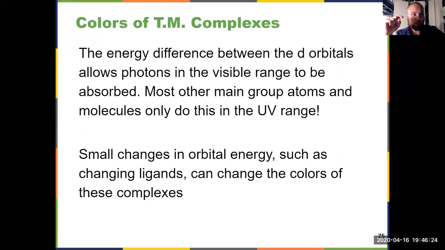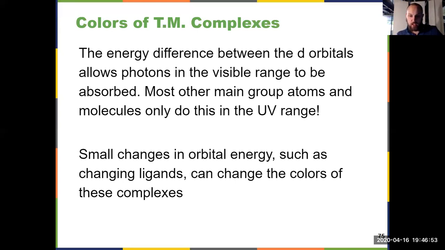So that allows photons in the visible range to be absorbed and promote an electron up, right? Most other things only do that in the ultraviolet range, but transition metal compounds can do it in the visible range. So it absorbs a photon, gets promoted up, and when that electron falls back down, it emits light. But just the absorbance causes things to appear colored, right?